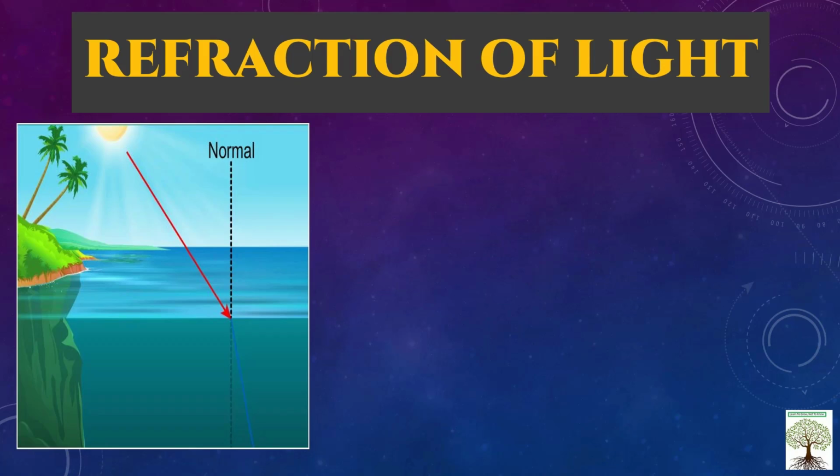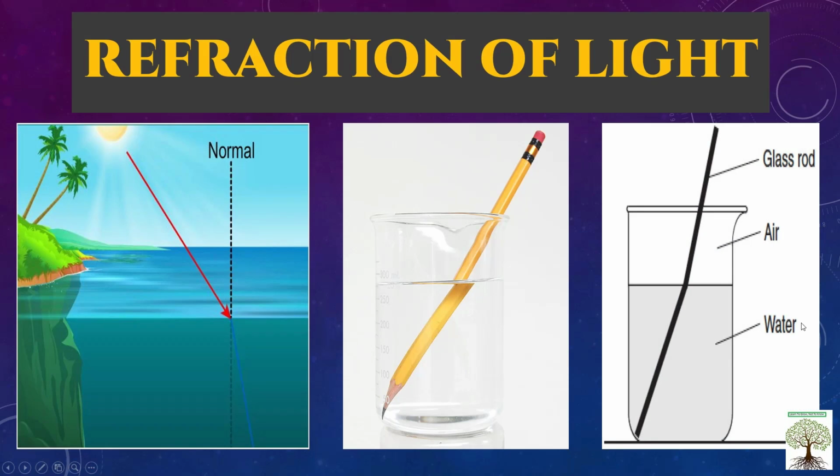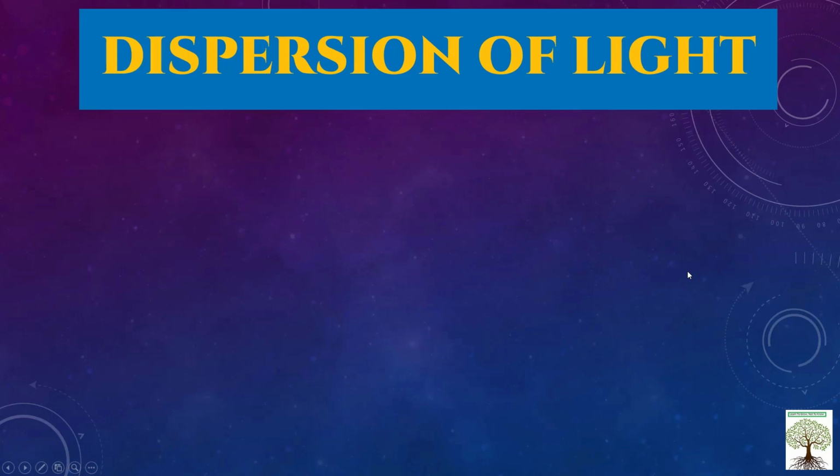See the pencil. Due to refraction of light, we are able to see the pencil like this. As you can see here, a glass rod is there, air to water, it bends a little bit. So this is the refraction of light.